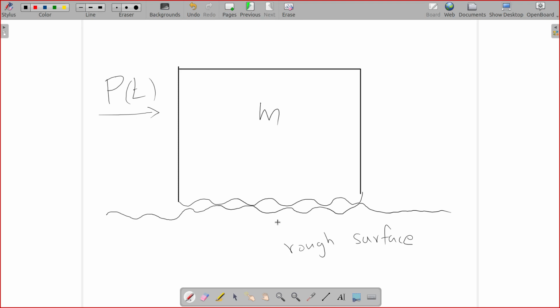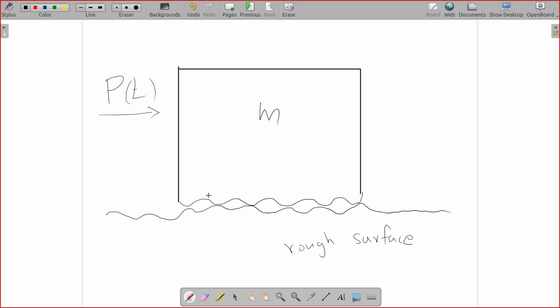When we say smooth surface, we assume that friction is zero. But in real life, no surface is smooth. There will always be some friction. And when we say rough surface, we are talking about a surface which has a relatively large value of friction.